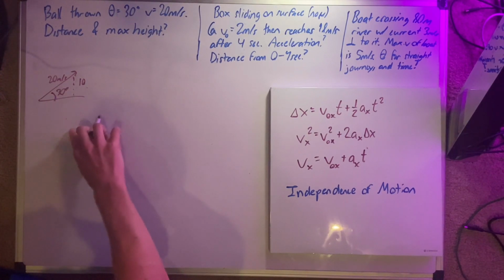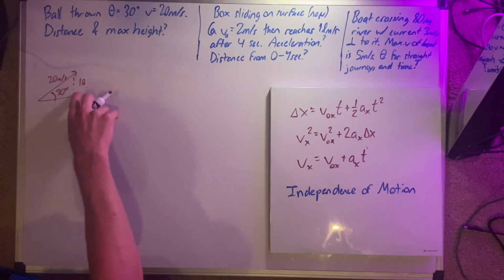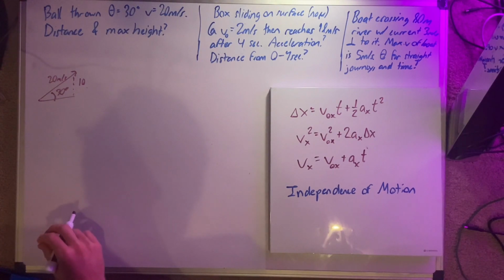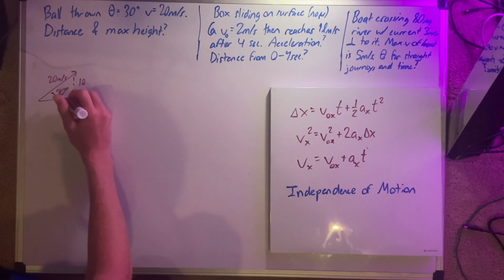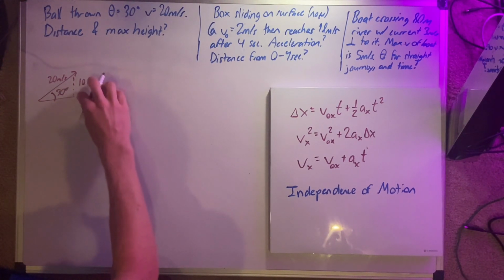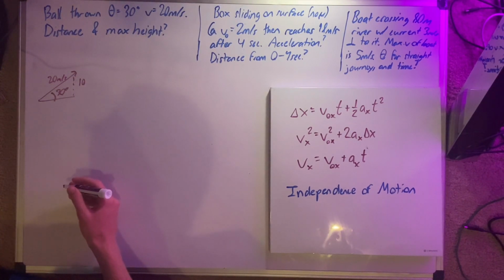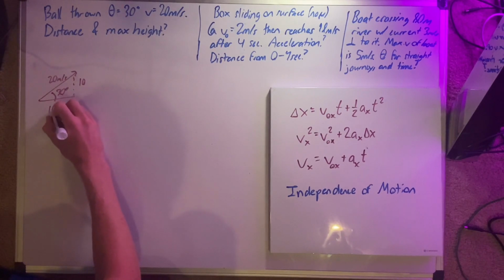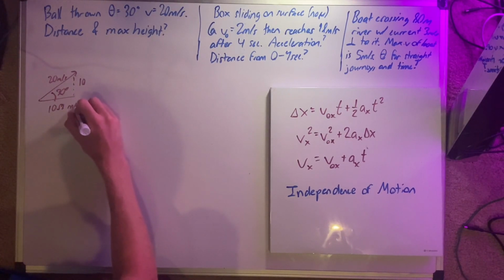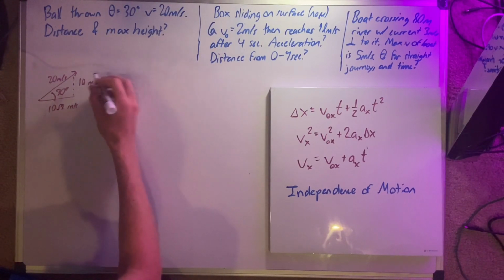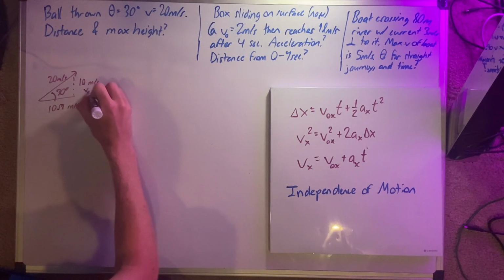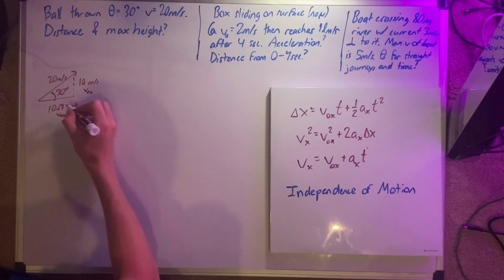We know that this side here would be 20 cosine 30 degrees, and cosine of 30 degrees is root 3 over 2 times 20, which would be 10 root 3 meters per second on this side. This is velocity naught y, this is velocity naught x.